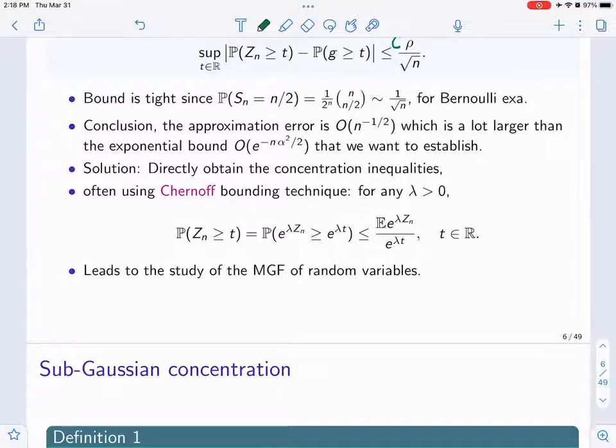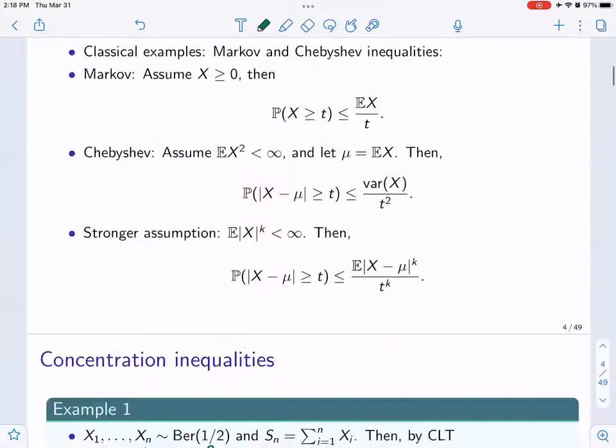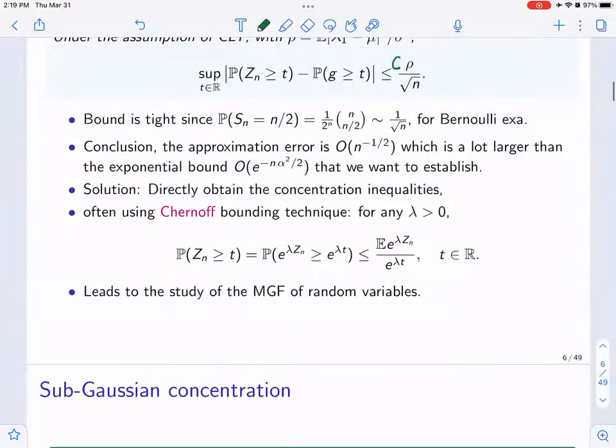How do I apply the Markov? If you go back up, this is the Markov inequality, right? So I'm applying it with e to the lambda Zn and e to the lambda t. So what I get is e to the lambda Zn here, e to the lambda t here. It's just that inequality.